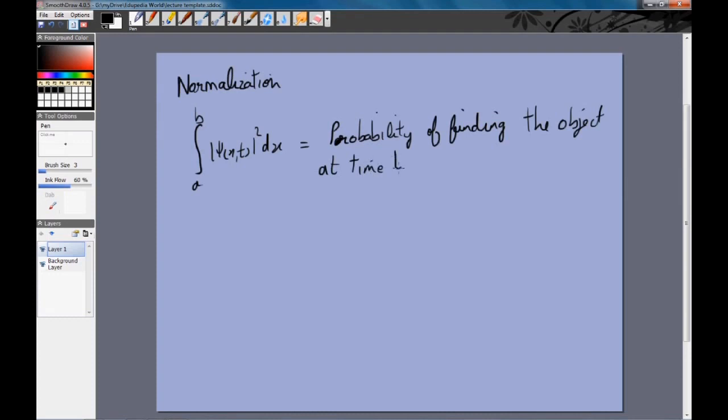Remember, the left-hand side is a function of time. Then obviously the probability that the particle would be somewhere in the universe would be 1.